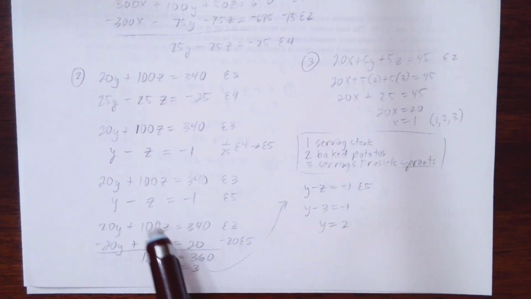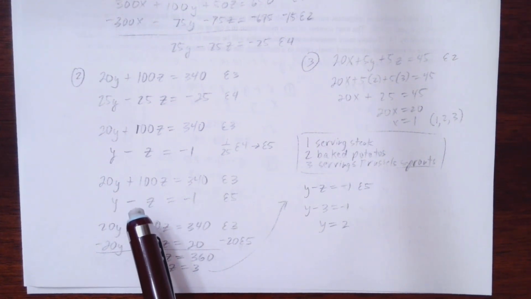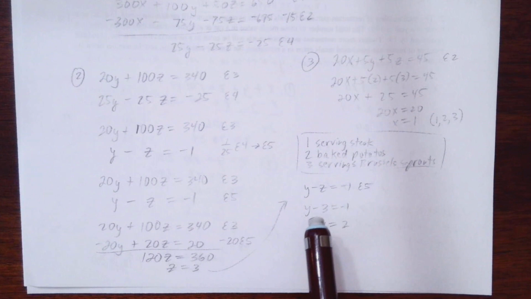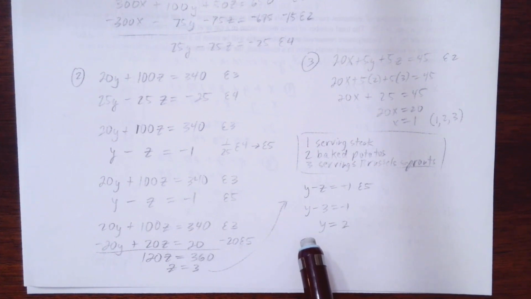Then I went back and used equation 5, plugged in the 3 for z, and you get y is 2. So we now know z, and we know y. Now we need to go back to one of the original equations.